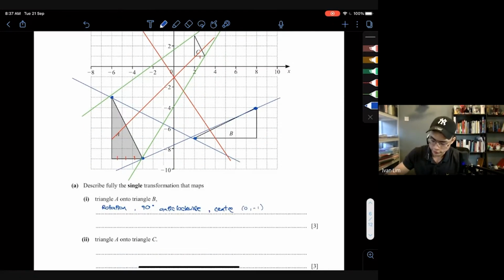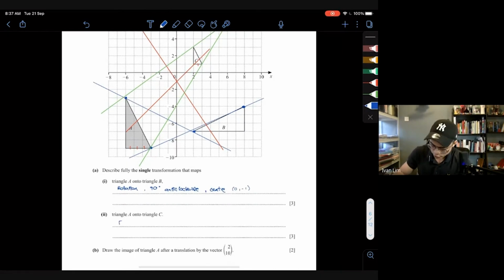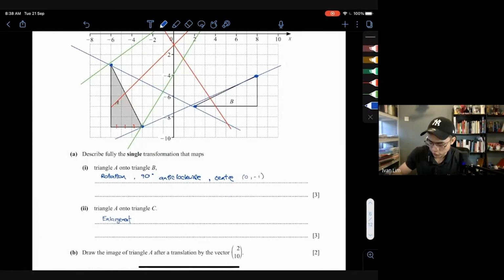So the scale factor would be 1 over 3. So enlargement, even though it becomes smaller, the transformation name is called enlargement. So enlargement, scale factor 1 over 3, center 6, 6.